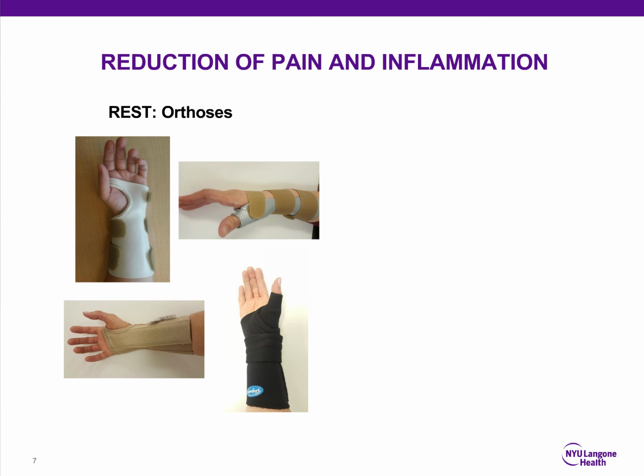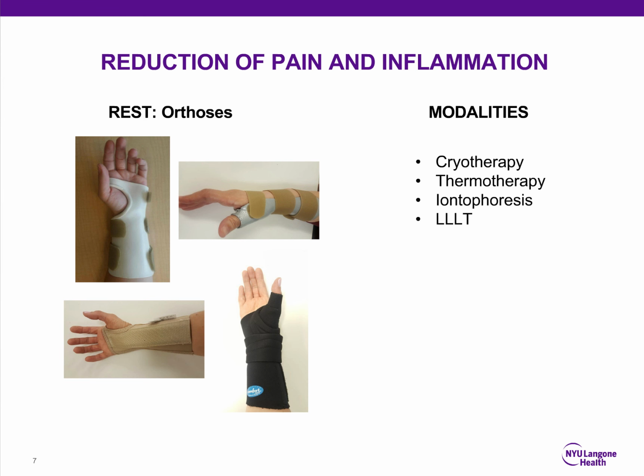So Dr. Paksima mentioned the cortisone injection, and rest is important for a tendon that is painful and swollen. So we use static, rigid orthosis in the acute phase, and as the patient is progressing, they can be transferred to semi-flexible or softer orthosis.